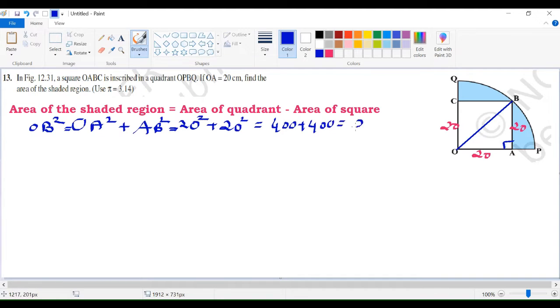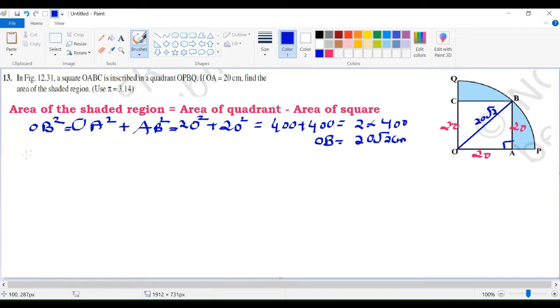That is equal to 2 into 400. So OB equal to root of 2 into 400. That is equal to, the root of 400 is 20. So it will become 20 root 2 centimeter. So we got this 20 root 2.